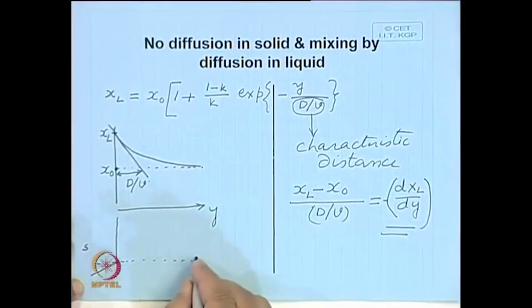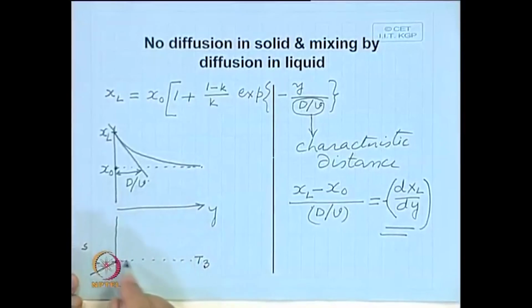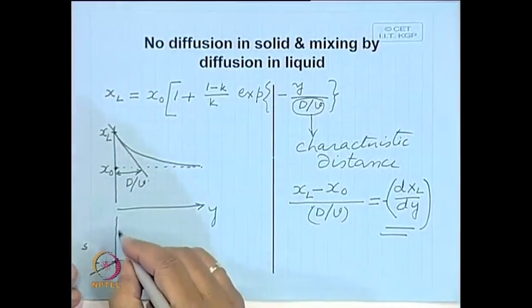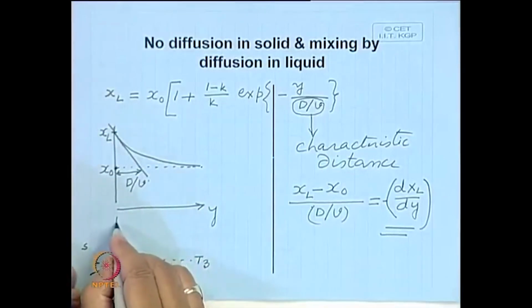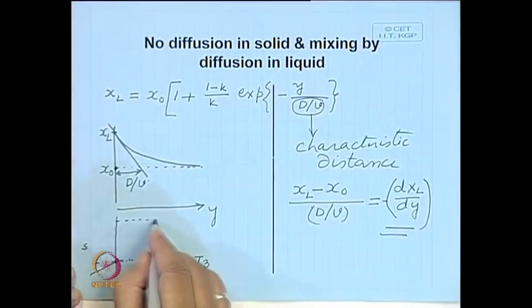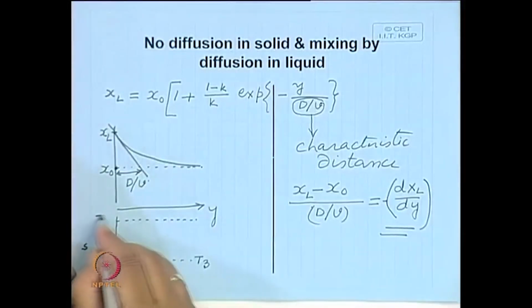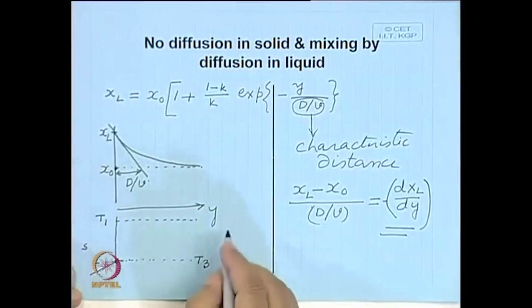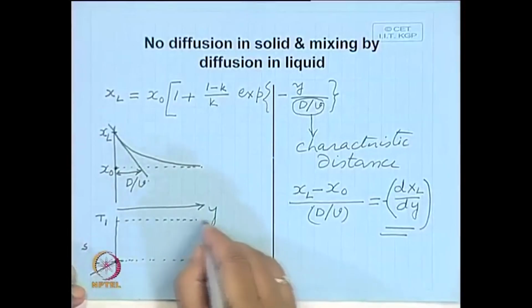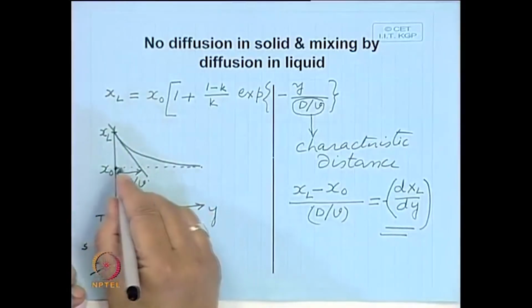If you refer back to the phase diagram where these temperatures have been marked, this is the T3 temperature. And the temperature far away in the liquid is this, and far away in the liquid its composition is x_0.